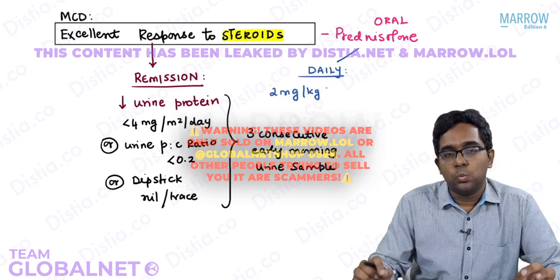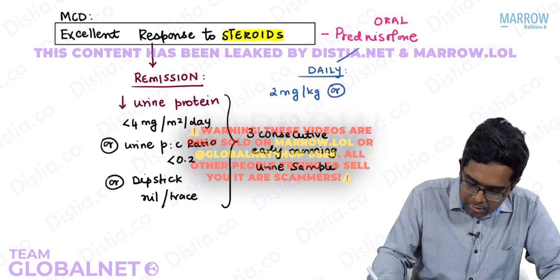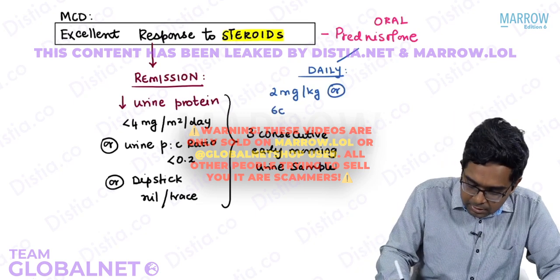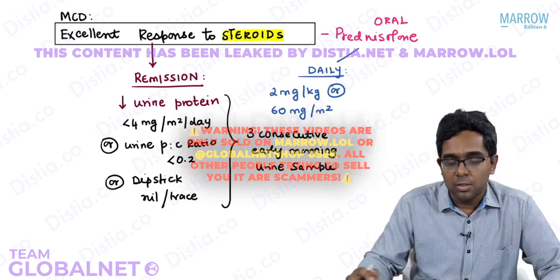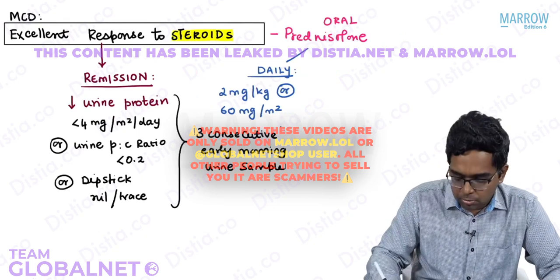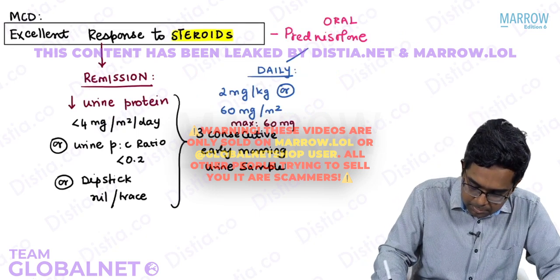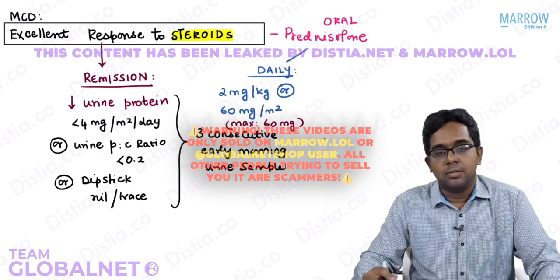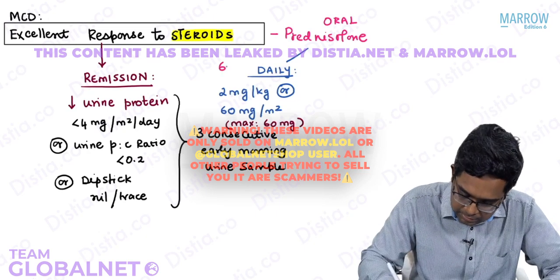You can give this as 1 to 2 divided doses. Or you can also calculate the dosage in another way, 60 milligram per meter square. This meter square refers to the body surface area. Please note the maximum daily dose is 60 milligrams per day. So this is the daily treatment which you have to give for 6 weeks.